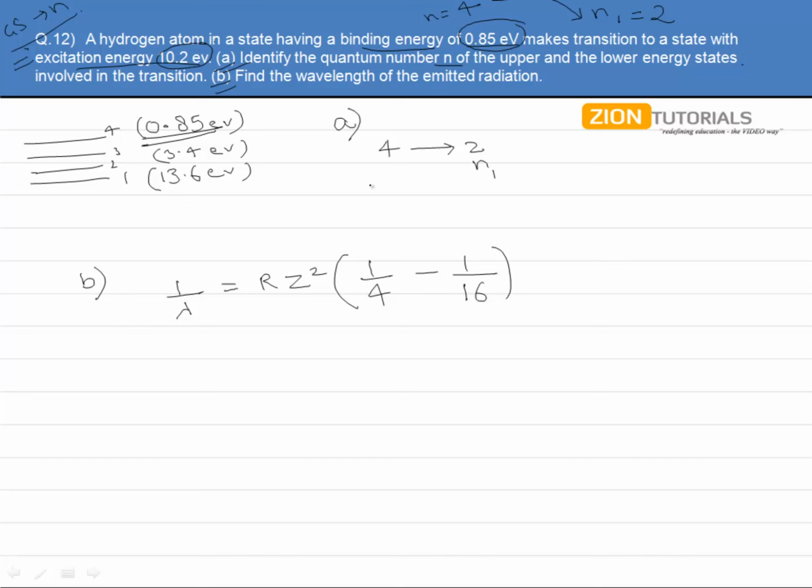So this is n1 and this is n2. Keep it in mind, because this is n2 and this is n1, this actually comes out to be positive, because lambda cannot be negative. So lambda equals 487 nanometers.